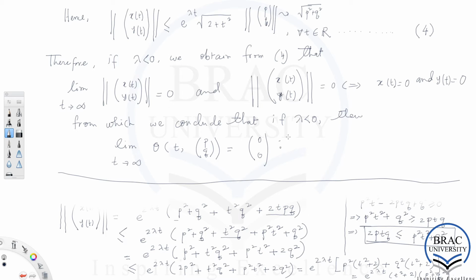So since here theta of t comma PQ is nothing but x(t), y(t), and we have seen that the limit as t approaches infinity of x(t), y(t), this vector, goes to the 0 vector, right? Okay, so this is our result.